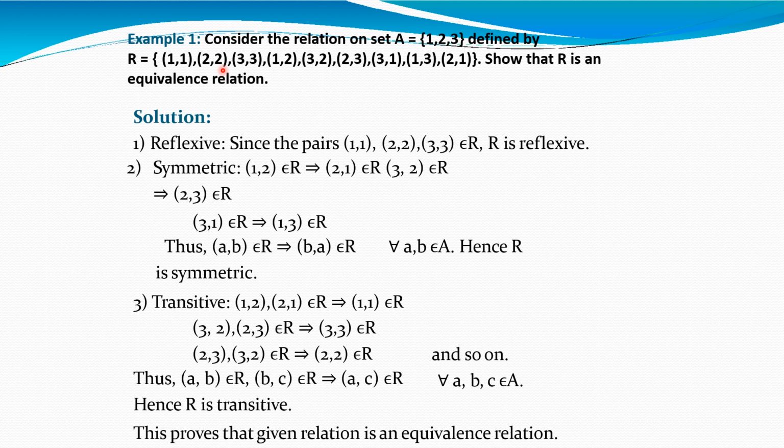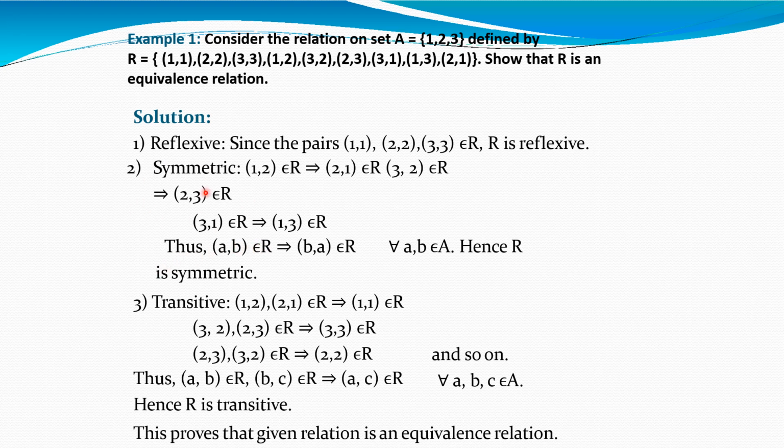Similarly for (3,2) the reverse pair (2,3) is there. It means 3 is related to 2, then 2 is also related to 3. Again for (2,3) the reverse pair is (3,2). For (3,1) it is (1,3) and for (1,3) it is (3,1). And for (2,1), (1,2) is already there. So for every (a, b) in R, (b, a) is also present in R and hence the relation is symmetric.